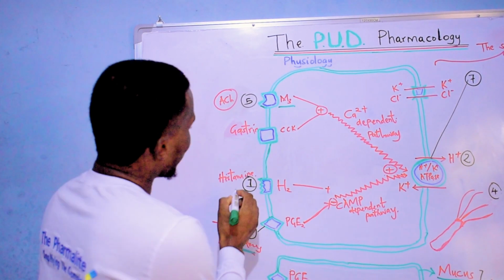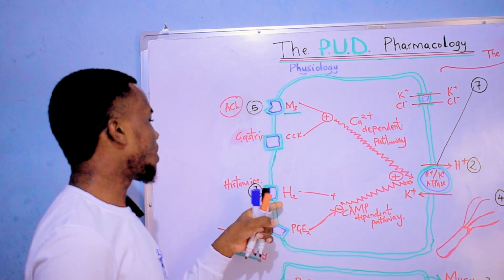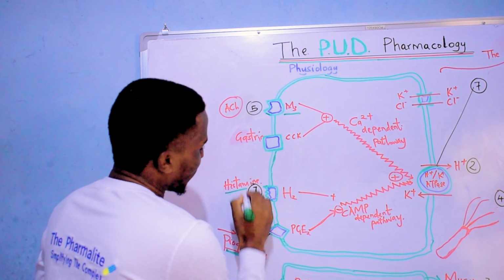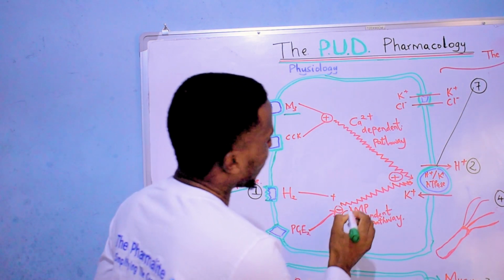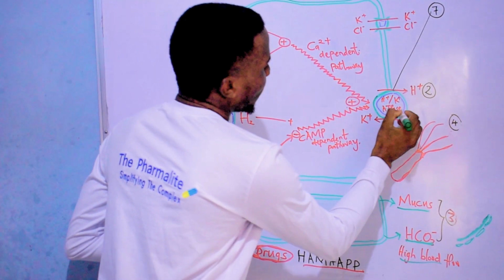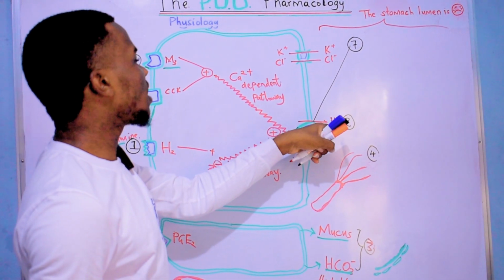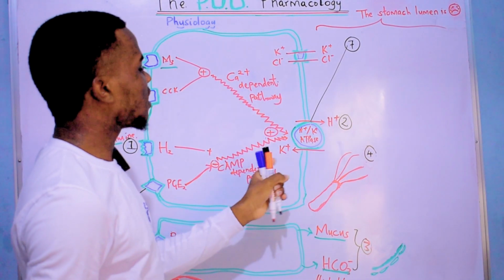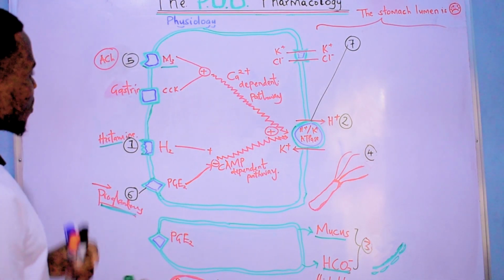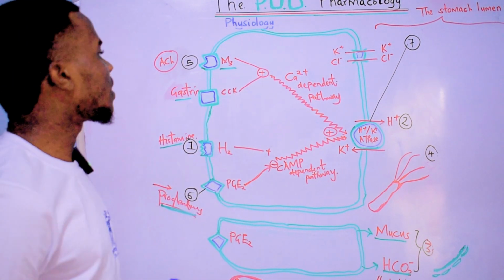When there is stimulation of the H2 receptor in the parietal cell by histamine, it stimulates the proton pump, which pumps a hydrogen ion in exchange for a potassium ion. The same happens with gastrin, and the same happens with the muscarinic receptor.